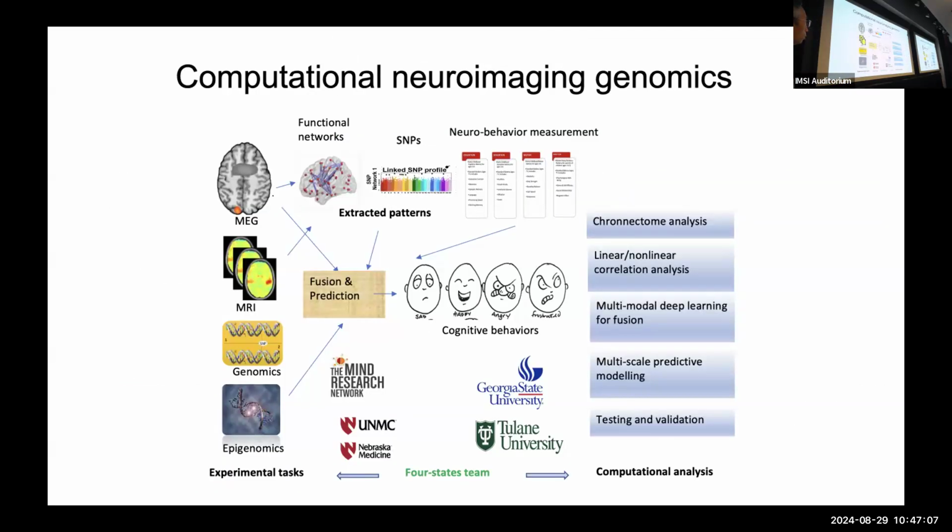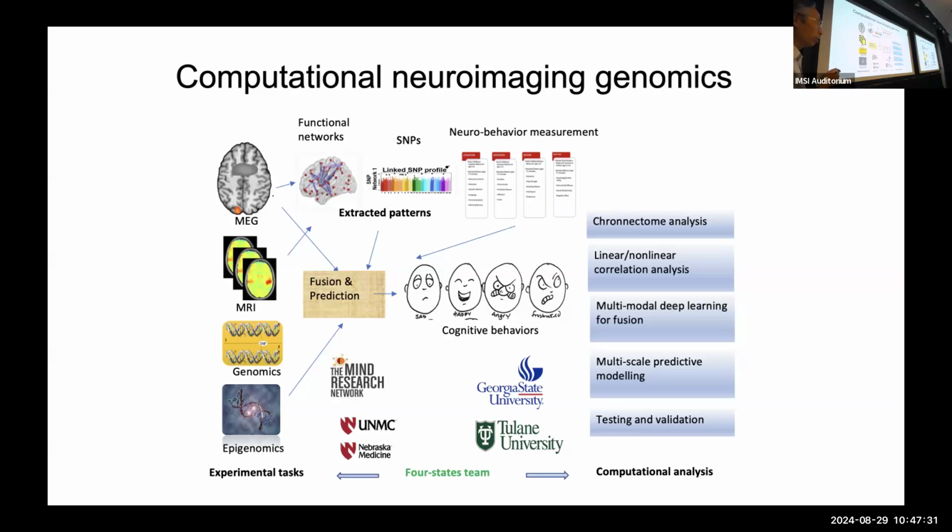Our goal is to extract information from imaging. We know MEG offers very high temporal resolution. At the same time, we have multi-modal MRI images, which offer very high spatial resolution.